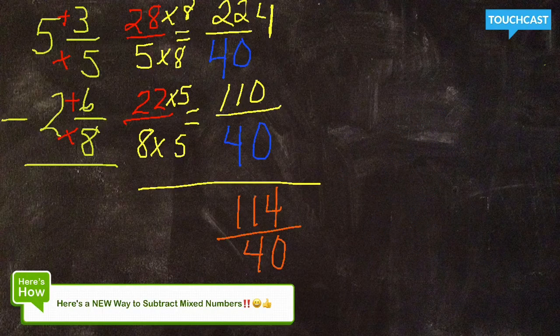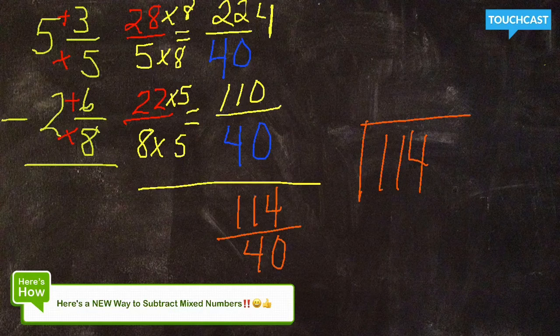So you'll notice that the denominator didn't change. Now we are left with an improper fraction, so we need to change this back into a mixed number. You can do this by setting up a division problem. Put the 114 on the inside, 40 on the outside, and ask yourself how many 40s are in 114.